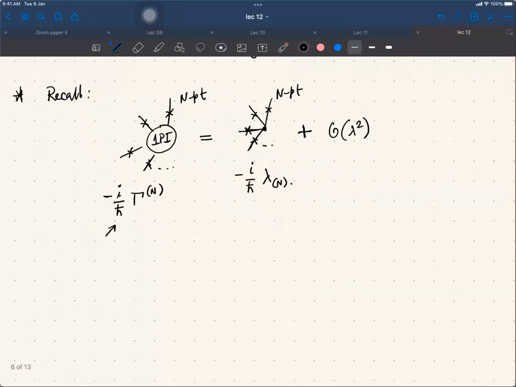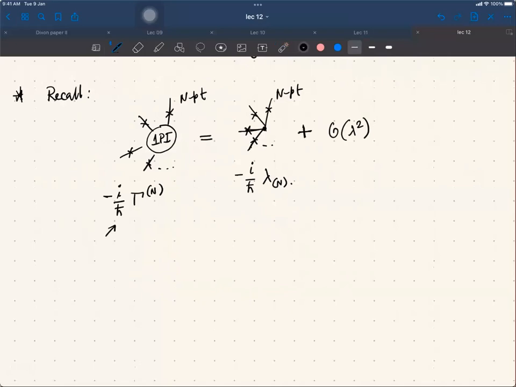If you take a constant field configuration, all the derivatives in the effective action will be 0, and therefore this gamma n will receive contribution only from V effective.